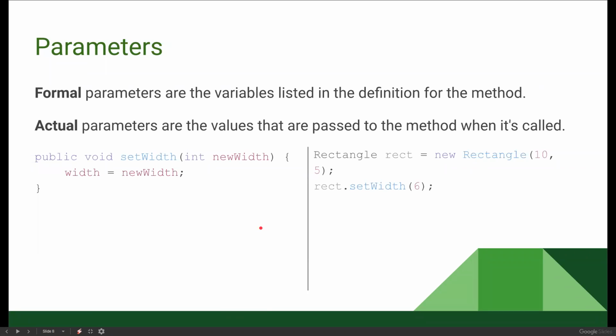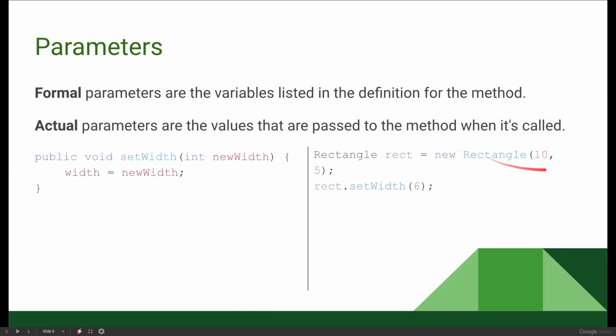All right, so if you remember back to when we first learned about methods and parameters, our formal and actual parameters. Formal parameters are the variables listed within the definition for the method. So my int newWidth, that is my formal parameter for my setWidth method. I'm declaring it, and when I call this method, this formal parameter will be initialized with the value of the actual parameter.